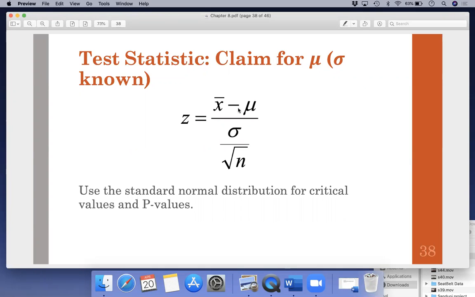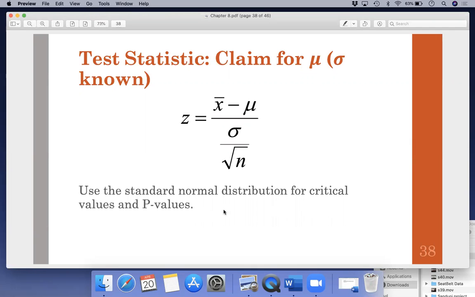Here x bar, mu and sigma, you know all the values, so we can substitute, then we can get the test statistic. Then we can use the standard normal distribution to find the critical values and p values. You remember, in the previous section we also discussed how to find critical value and p value.